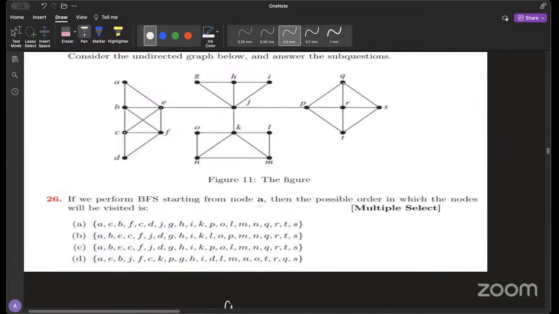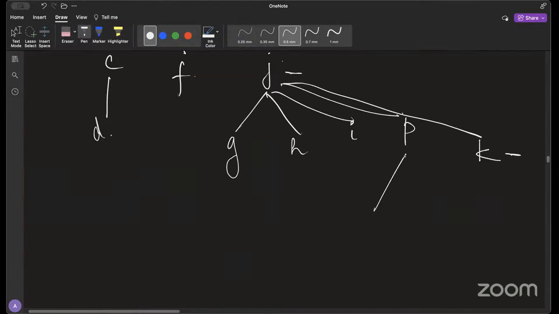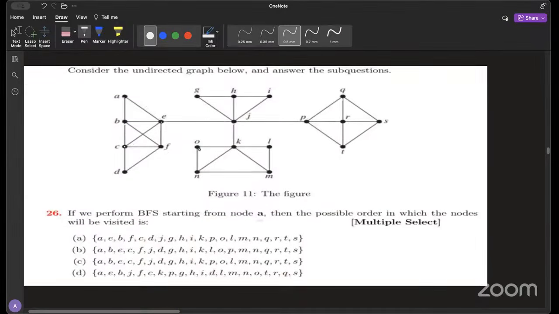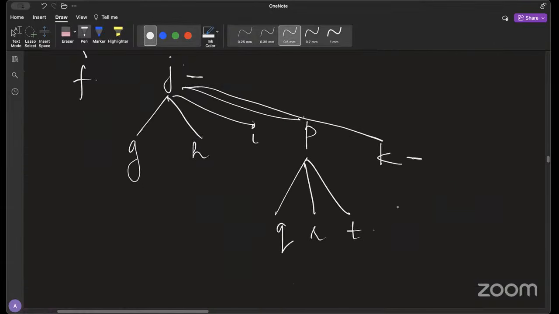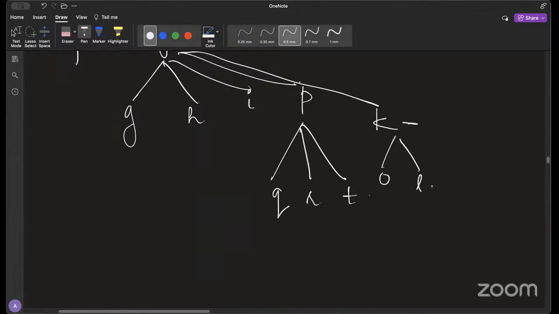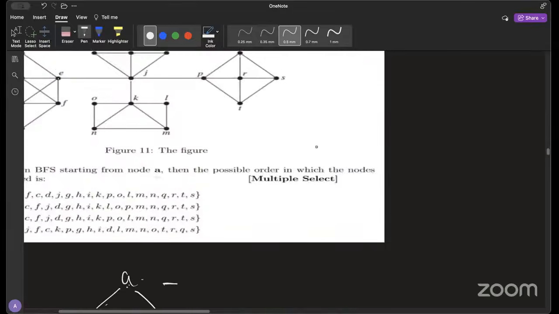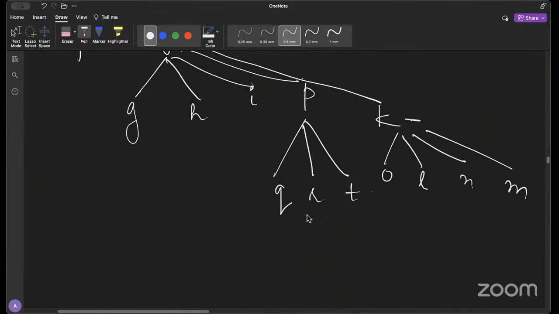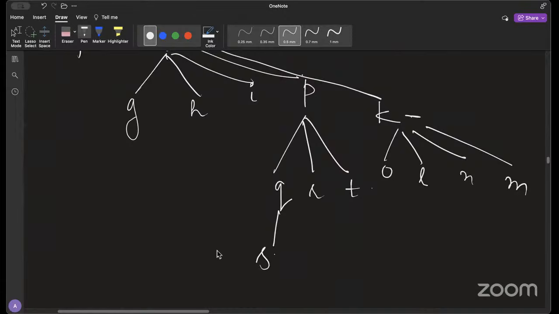So with P, you have directly connected Q, R, and T. And with K, you have O, L, N, and M. And S is still left, so S is under all of these. I'm writing it under this.